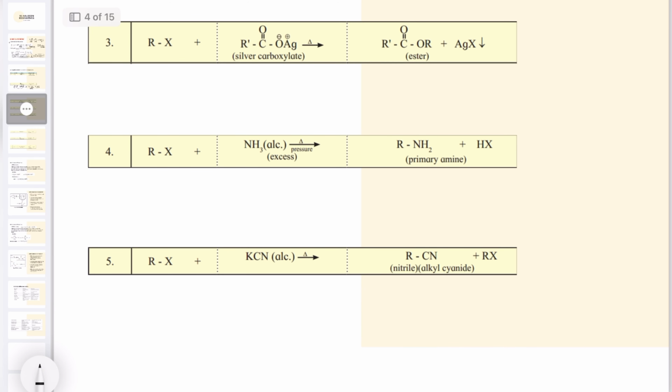Third, when alkyl halide is treated with silver carboxylate, an ester compound is formed and AgX is precipitated out.